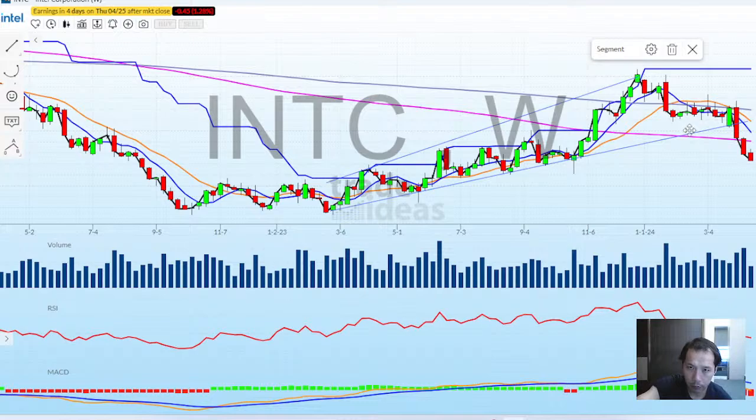So we're seeing this trend going up to right about the end of 2023. Now, with this new trend, there was a bit of consolidation here, and now we're seeing this drop back down. And I honestly think that this stock could go back down to about the $27 to $30 range.